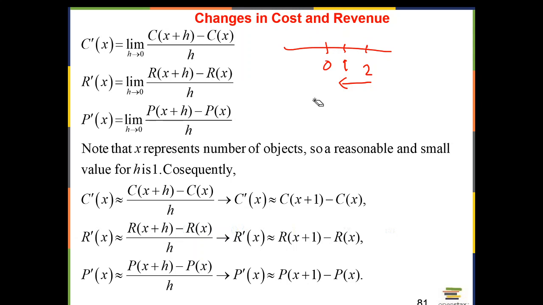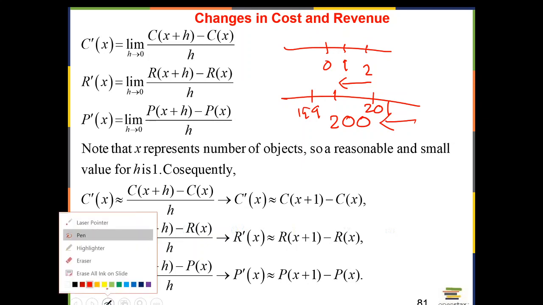So if we are at some level, let's say we are producing 200, and we want to take the derivative, well, we're not going to be able to approach 200, like get really close to it. The closest number to 200 is 201, right? If we go to the left of it, it would be 199. But that's 1 unit. So h, the smallest h can be is what?